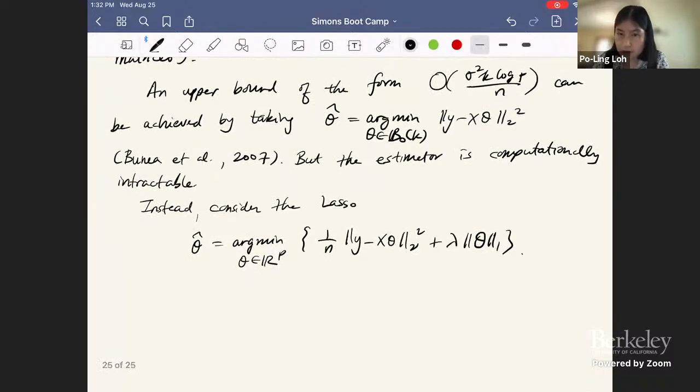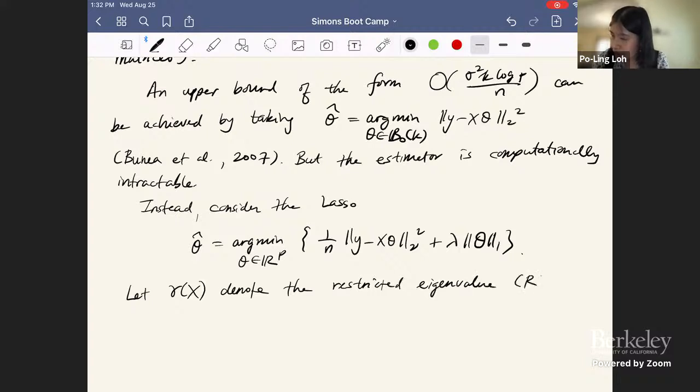So to reiterate these ideas, let gamma of X denote the restricted eigenvalue, or in high dimensional statistics speak, RE condition, constant. This is a function of X rather than a condition.